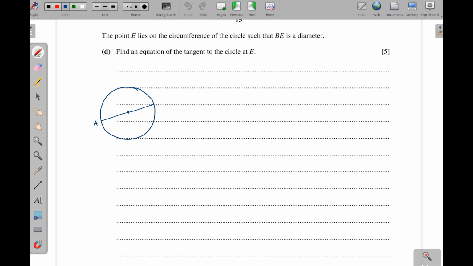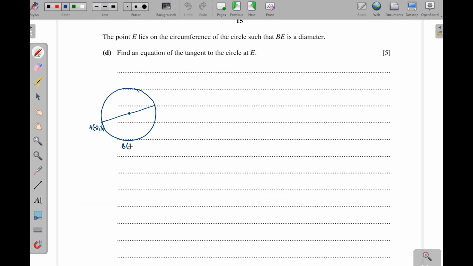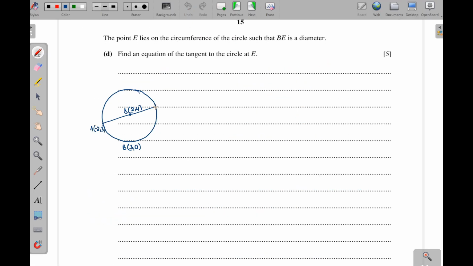That is our A. Then we have our B here, which is 3, 0. And then our D here is 2, 4. Then we have our C, which is 6, 5.